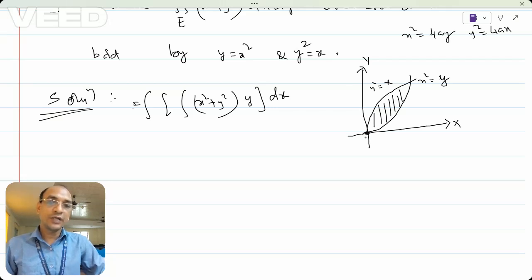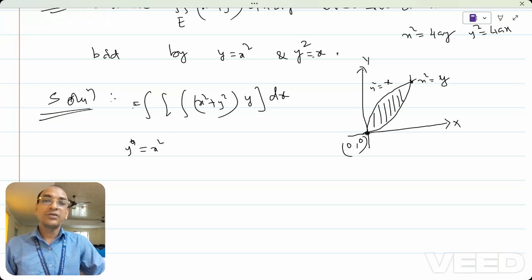At least you know one point here is (0,0), and the other point will be the solution of these two equations, because these two curves intersect there. So what solution will you get? You see y equal to x square, but from y square equal to x, you get y equal to (y square) whole square.